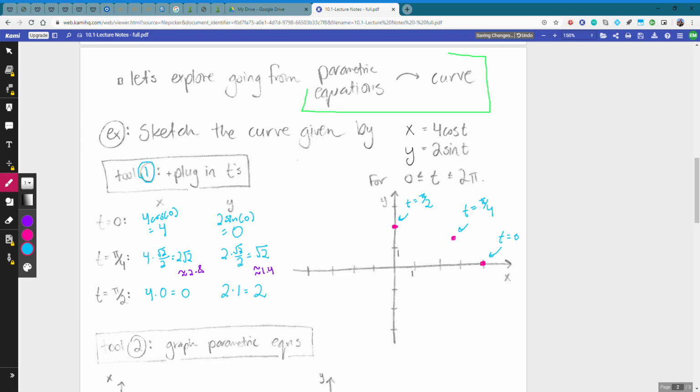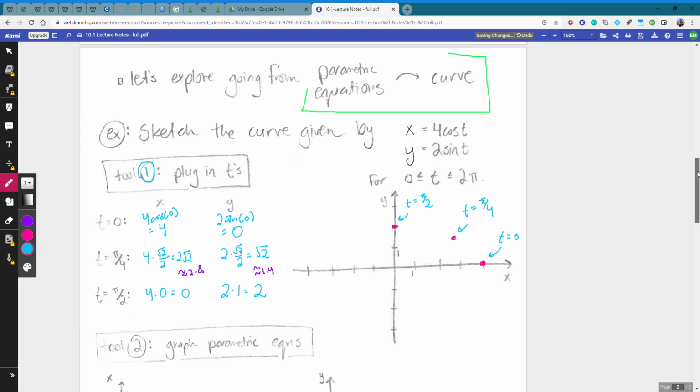And so this first tool, just plugging in t's, can be very useful to give us some anchor points to work with. But at this point, it's not really clear what's going to be happening to our curve as we let t go the rest of the way up to 2 pi. And so one way that we can get a lot of information at once is this tool 2.